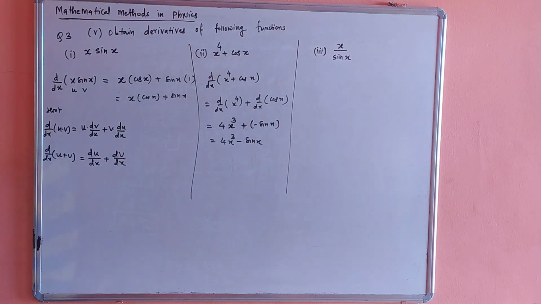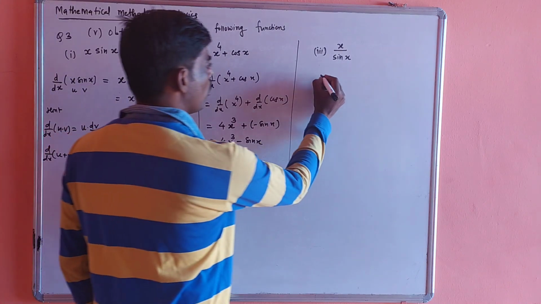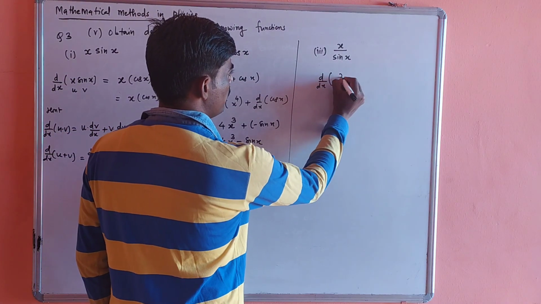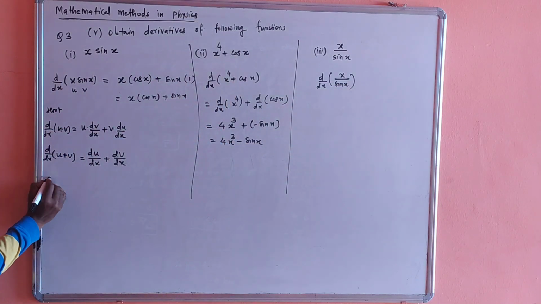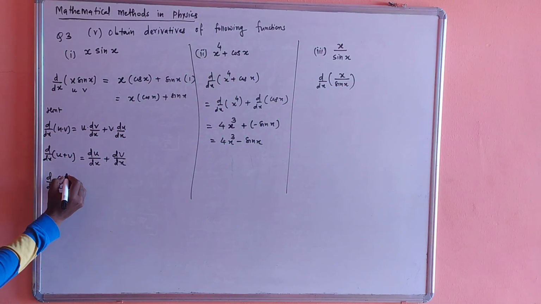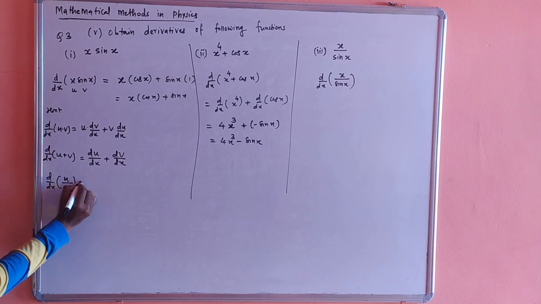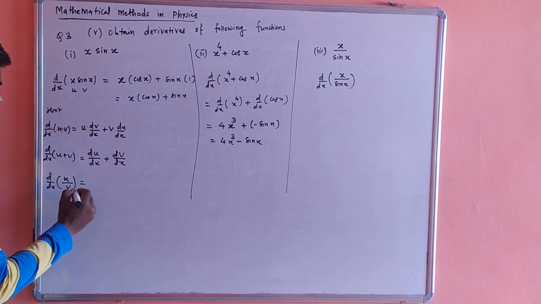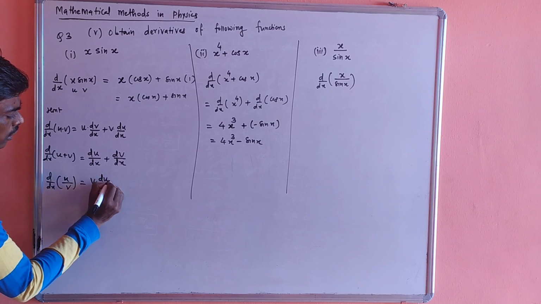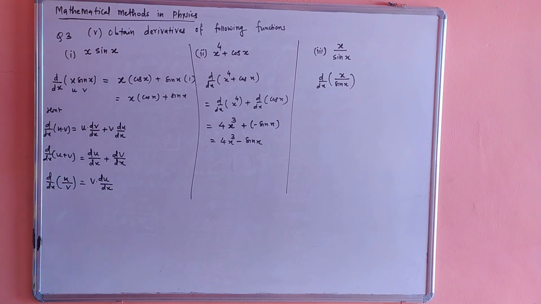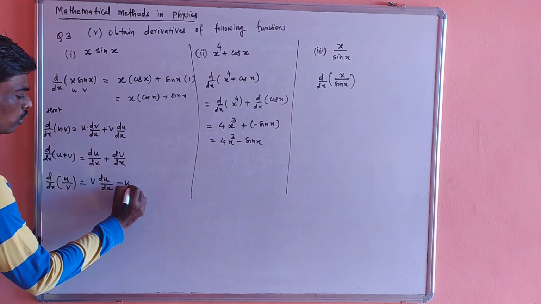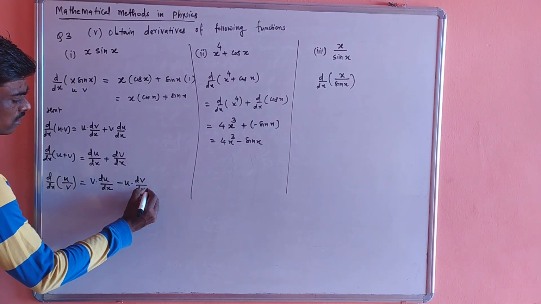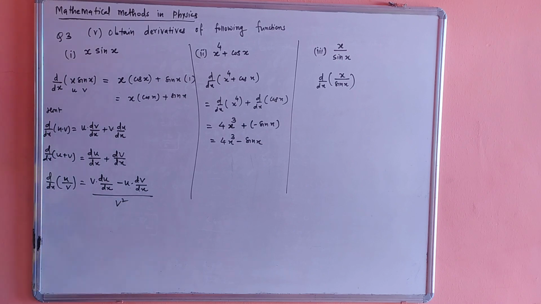Then the third one, derivative of x upon sin x. Remember the hint here, d/dx of, suppose the first function is u and the second function is v. So it becomes v into du by dx minus u into dv by dx, upon v square. This is the formula.